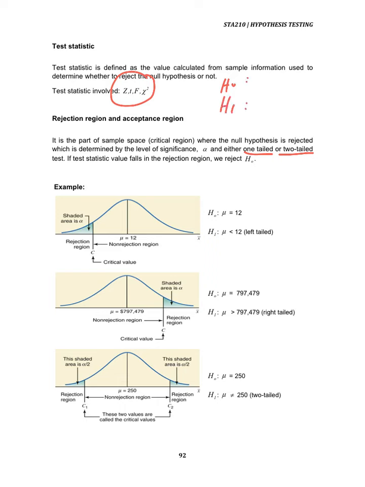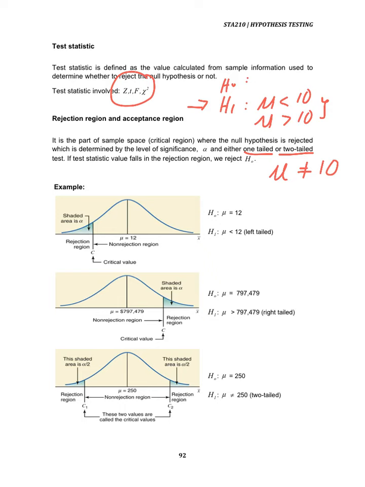Kita tengok dekat H1, ya. Kalau simbol awak contoh mu less than 10 katakan, ataupun mu greater than 10, so kita kata dia adalah one tail. Tengok je dulu apa maksud one tail tu. But untuk two tail tu pula, kalau kita guna notation mu not equal 10. Okay, so yang ni adalah one tail, this one is two tail.